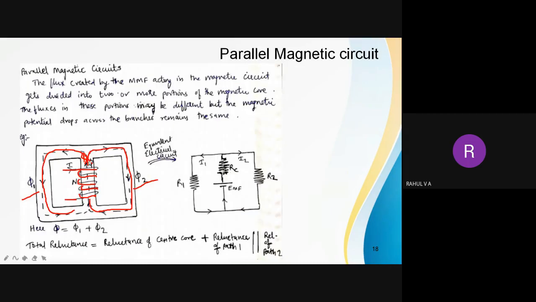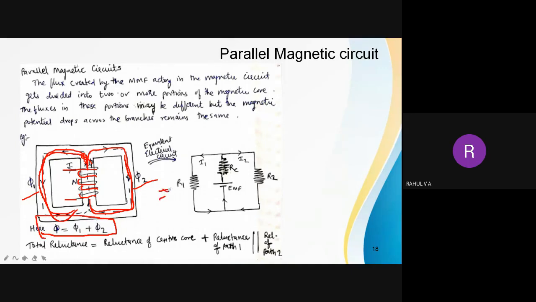But in this case, the flux originating from this coil divides, so that some part of the flux flows to the path on the right side, and the remaining flux flows to the next path. So the total flux phi is phi 1 plus phi 2.